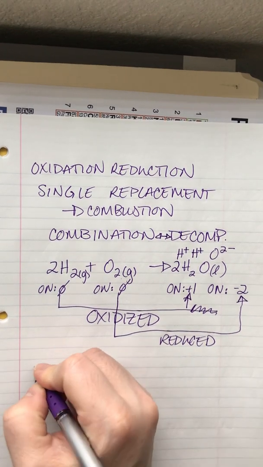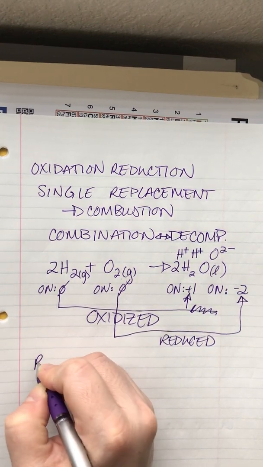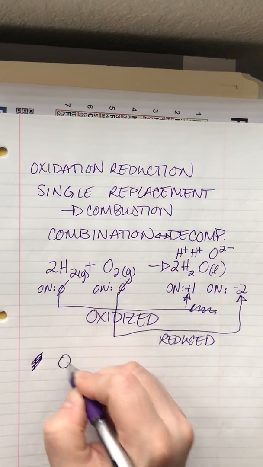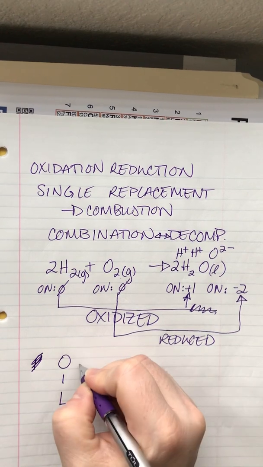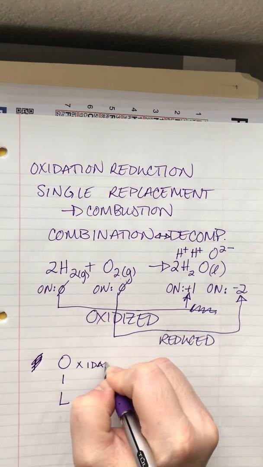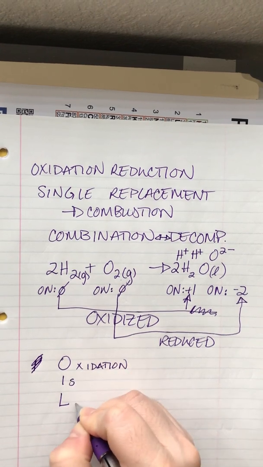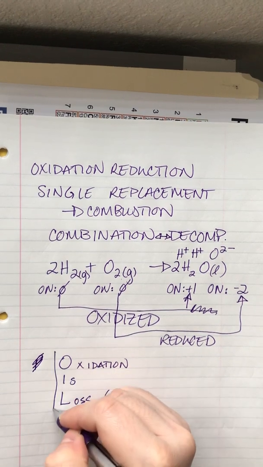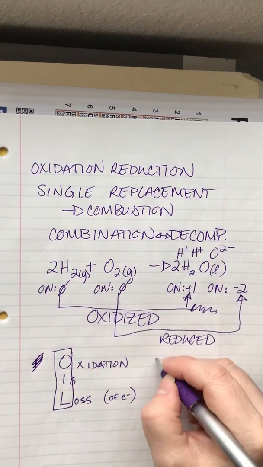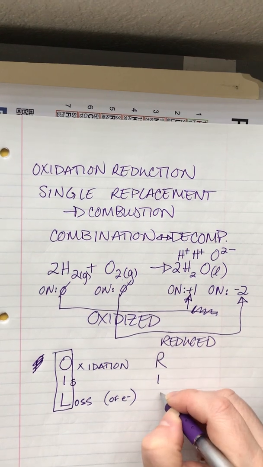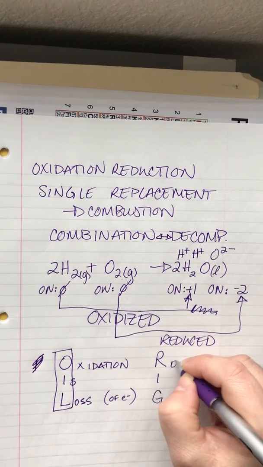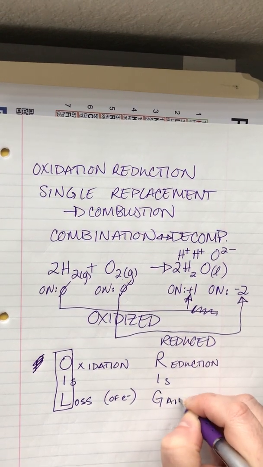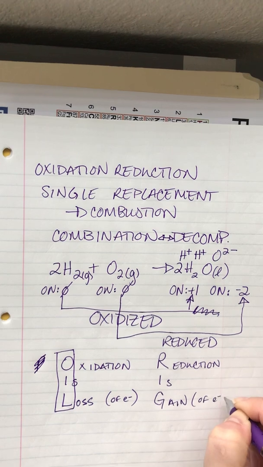So there's an acronym, OIL RIG. Oxidation is loss of electrons, and reduction is gain of electrons.